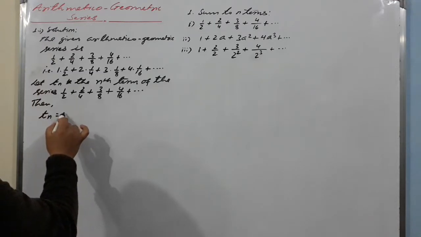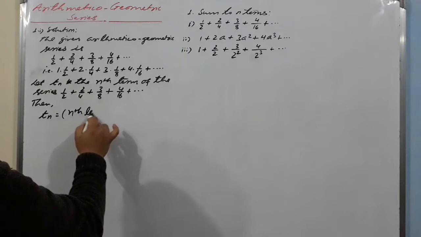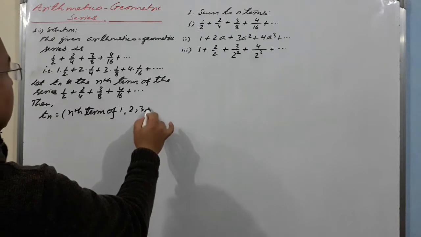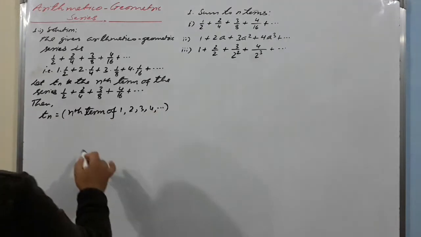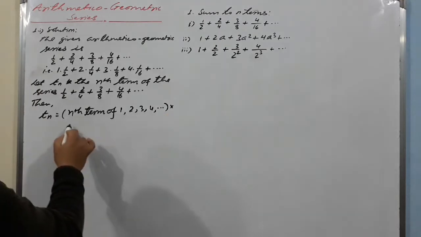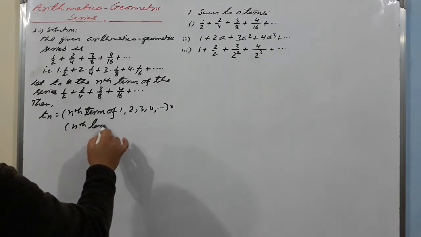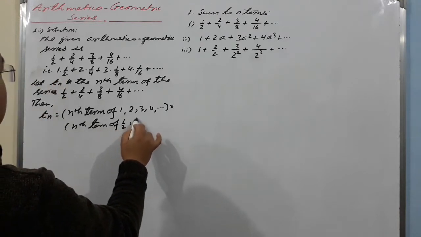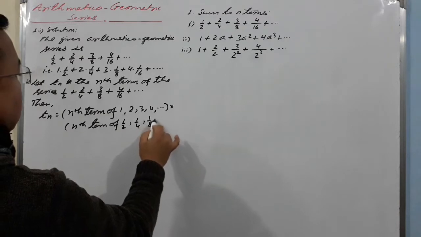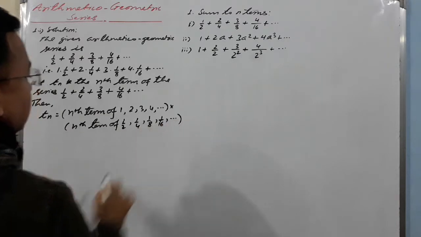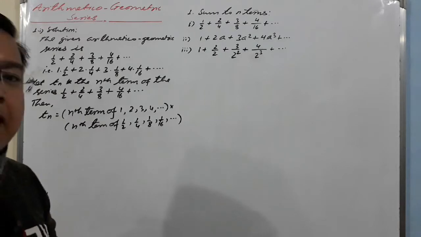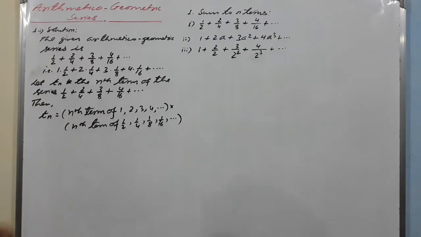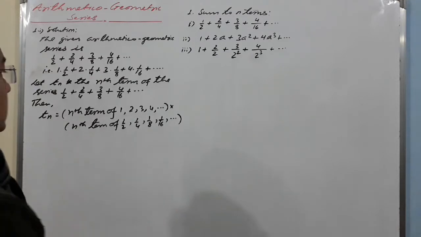We can write it this way: nth term of 1, 2, 3, 4, dot dot dot, times nth term of 1 by 2, 1 by 4, 1 by 8, 1 by 16, dot dot. So this is the procedure to find the nth term of this series. Otherwise, if you know it orally, you can do that also.